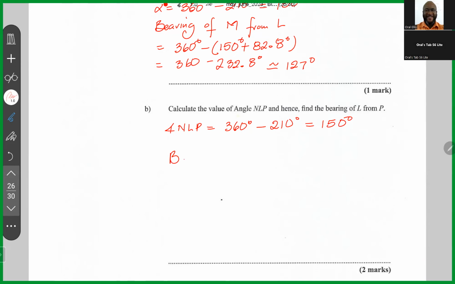And the bearing of L from P is equal to 180 minus 150. This is equal to 030, which is 30 degrees. All right.